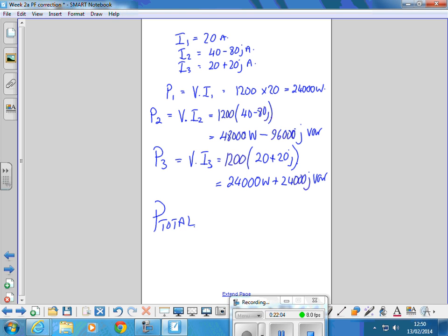That must be 96,000, and then minus 96,000 plus 24,000 J var. If you now do a polar conversion on that, you'll get the VA, S in VA, plus you'll get the phase angle.